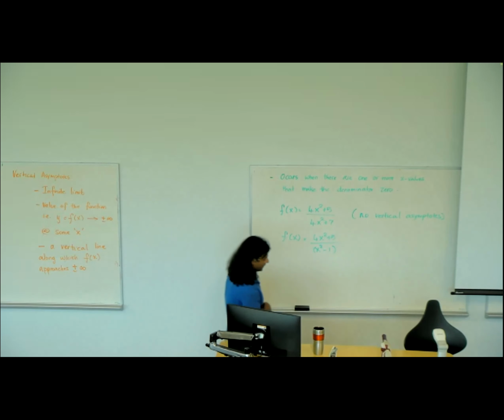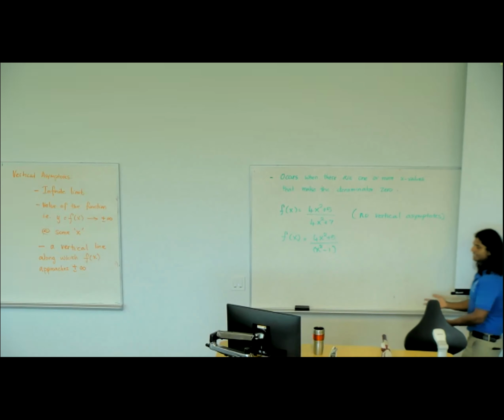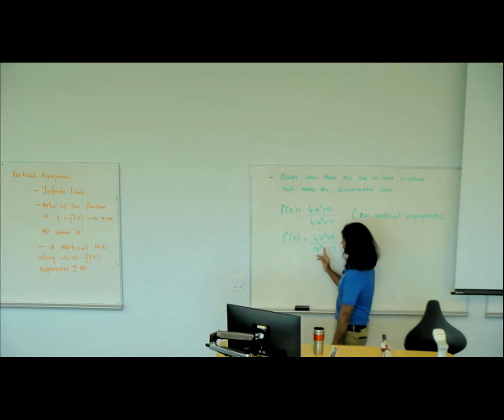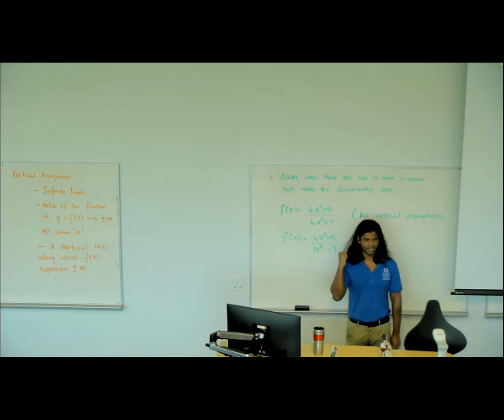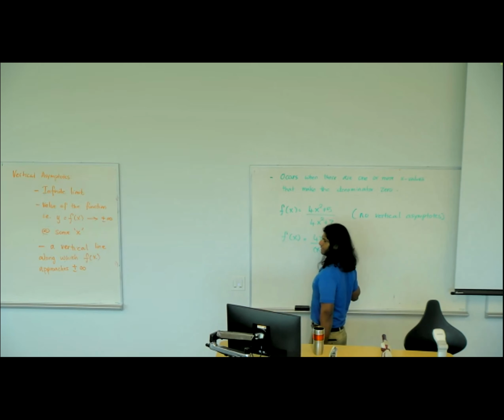That rational function, what is the numerator doing? 2. What is the denominator doing? 2. They are the same. So do you think that it has a horizontal asymptote? Yes. What is its equation?